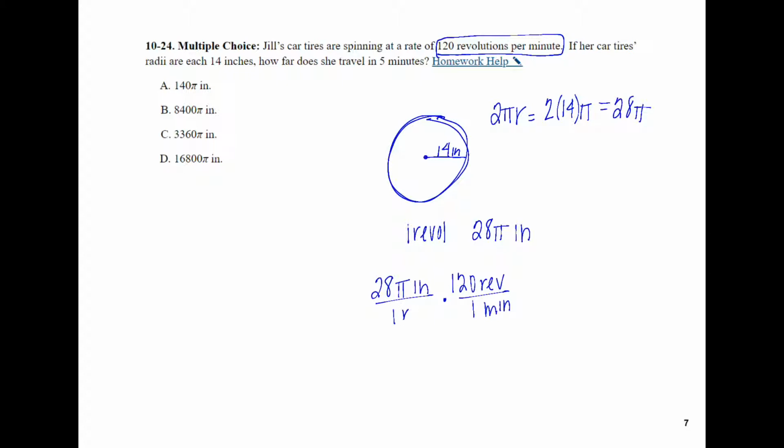We then can multiply that by 5, because we're taking a 5-minute trip, so we get a total of 16,800 pi inches per trip, which would be D.